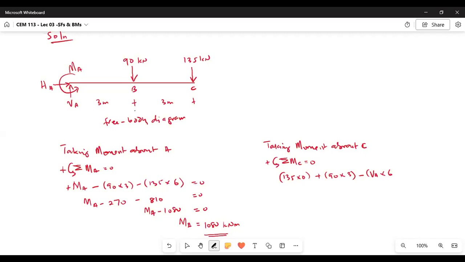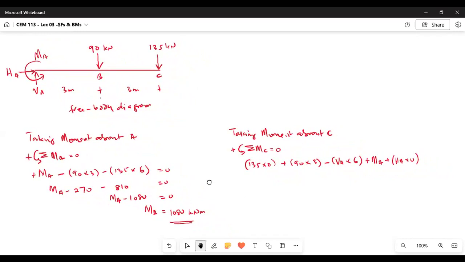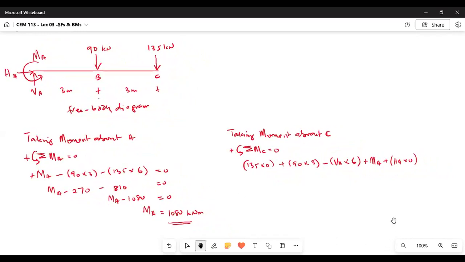Then the moment plus MA and then plus HA times 0. Okay, so let me shift this way a little bit. And this will give us 0.